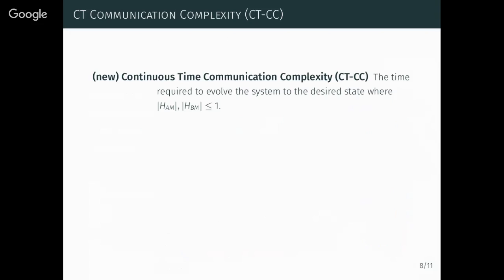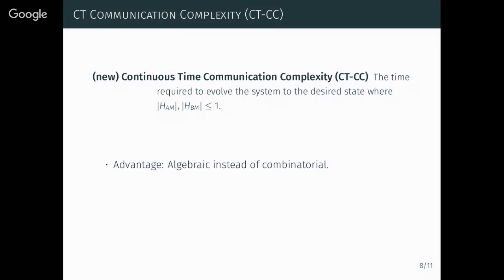So if you have the node and channel picture in the quantum network, you can always think of this as wanting to arrive at a final answer, say f(x,y), and you want to see how much communication you had to do. In this particular framework, the way we've defined it, you just have to evaluate how much time it will take for the system to go to the desired state, and the desired state would be f(x,y).